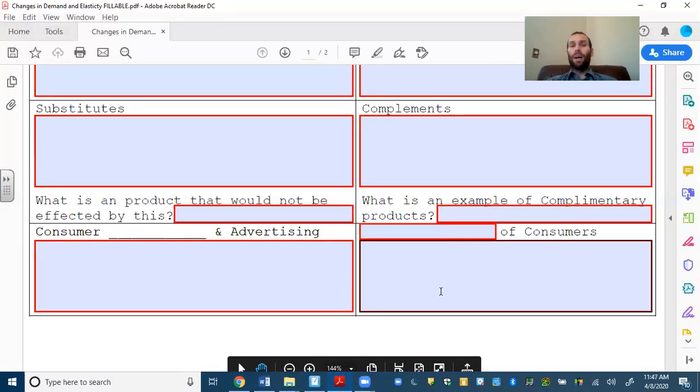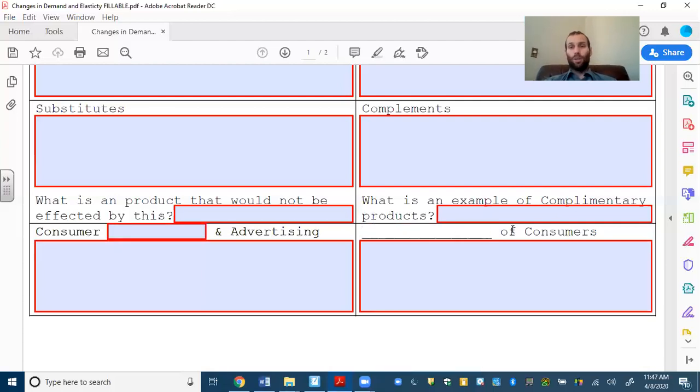And our last box right here is demographics of consumers. What demographics are is a type of person. So not just the number of people, but the type of person. What this means is you could think of certain regions. I like to think of Seminole Heights. Seminole Heights used to be more of a poor neighborhood.